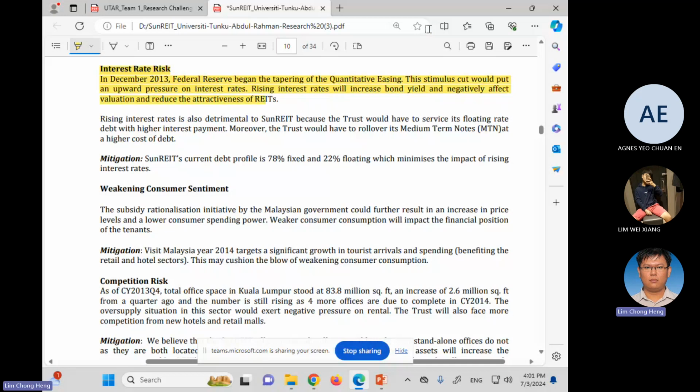Then you cannot say interest rate will confirm increase, because if you say this kind of word, that means you are 100% sure interest rate will increase. But what happens if you say interest rate will increase, but in actual fact interest rate never increases?